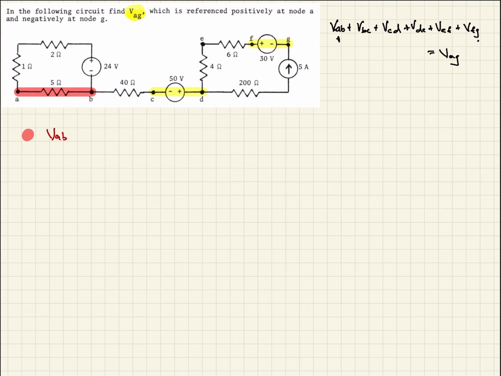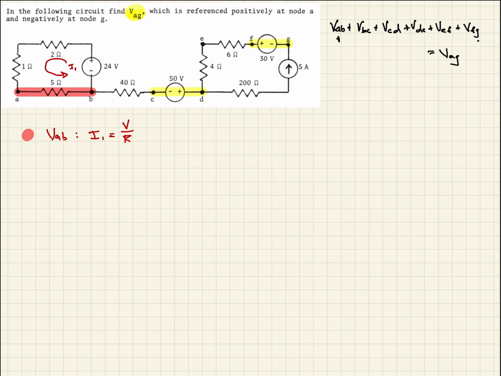We can do that by realizing that we have a closed loop here, and so we should have a current flowing here. We'll call this I1. To determine I1, we just use Ohm's law, which says that it's the voltage over the resistance.